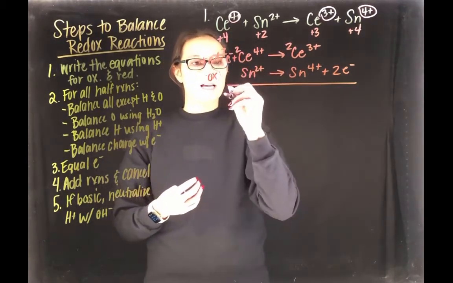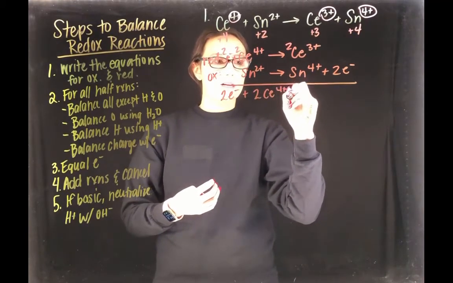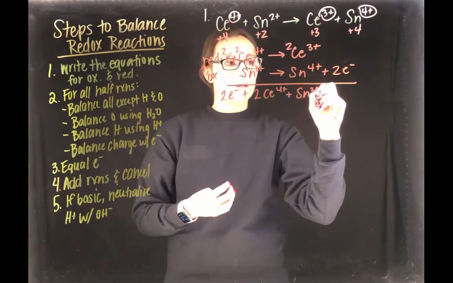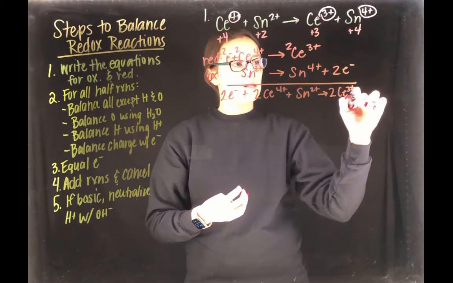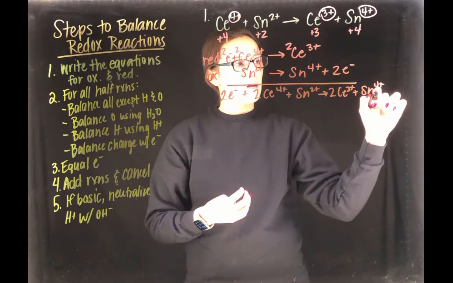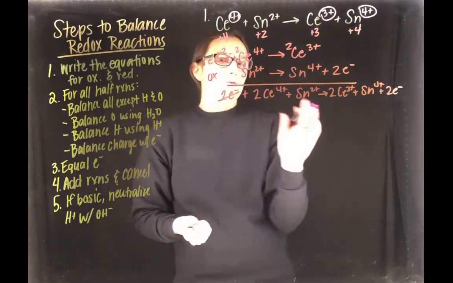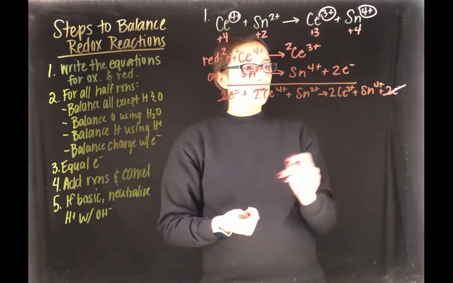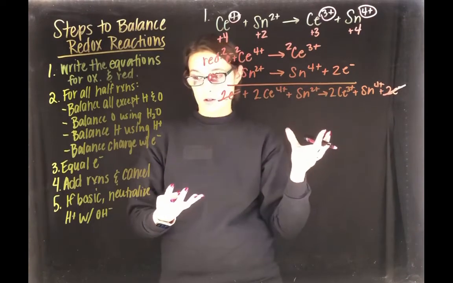When I add these together, I'll get 2 electrons plus 2 Ce4+ plus Sn2+ yields 2 Ce3+ plus Sn4+ plus 2 electrons. Now if we notice, I have 2 electrons on the left, 2 electrons on the right. Those cancel, and there's nothing else that I can cancel.